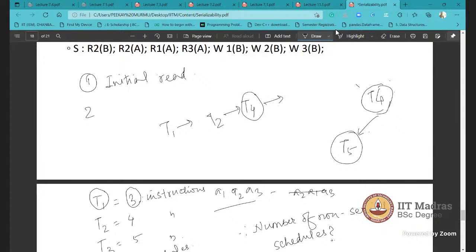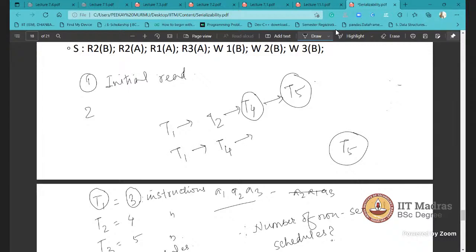The only remaining one is T5, so we choose T5. Another order may be T1, T4, T2, T5.